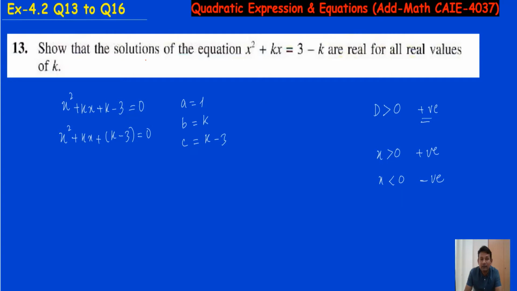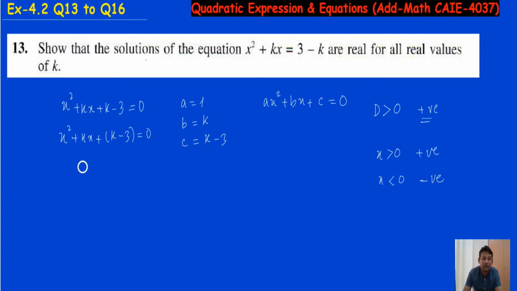Remember the standard form of the quadratic equation is ax squared plus bx plus c equals 0. In this form, we are saying the equation has real roots for all values of k.